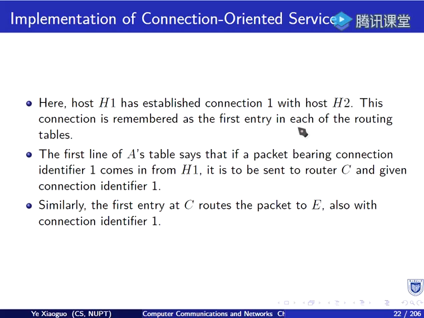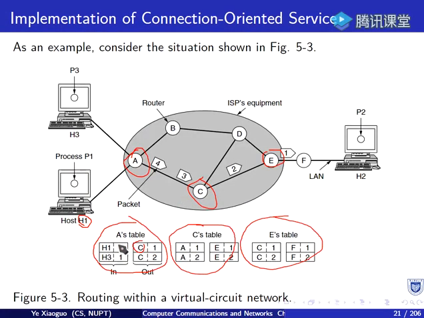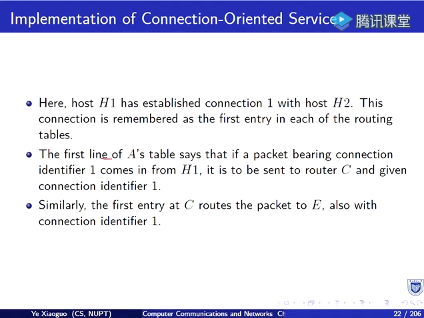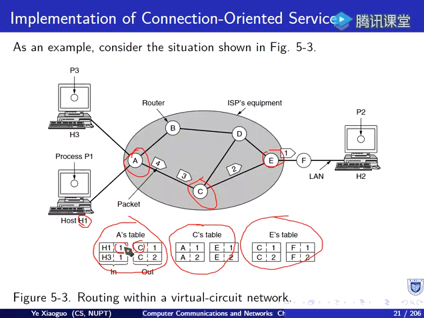The first line of A's table says that if a packet bearing connection identifier 1 comes in from H1, it is to be sent to router C and given connection identifier 1.